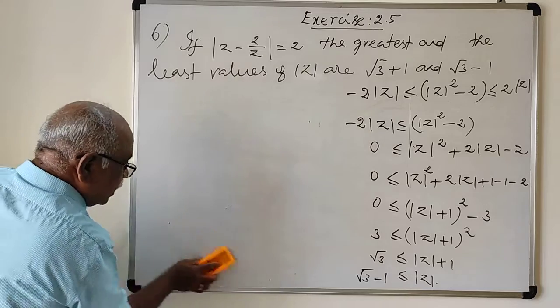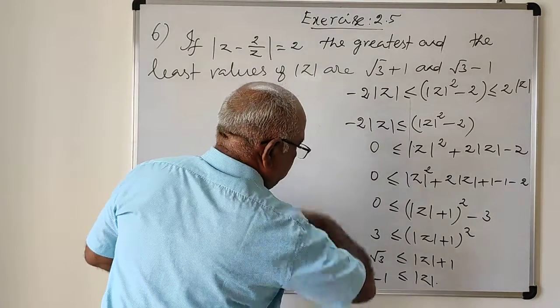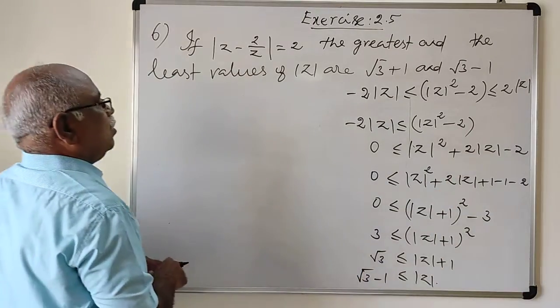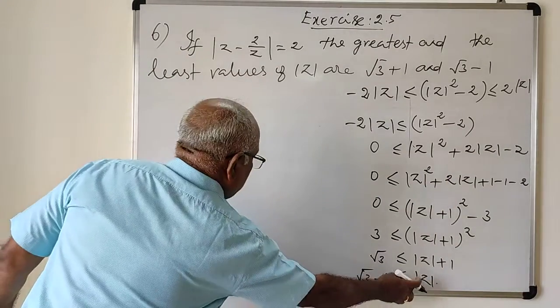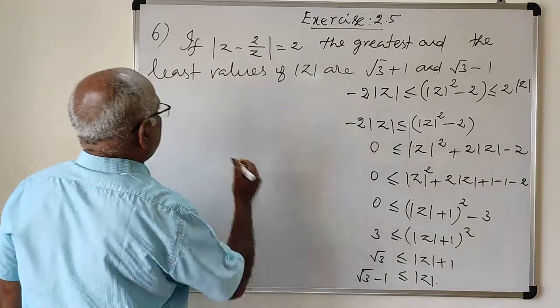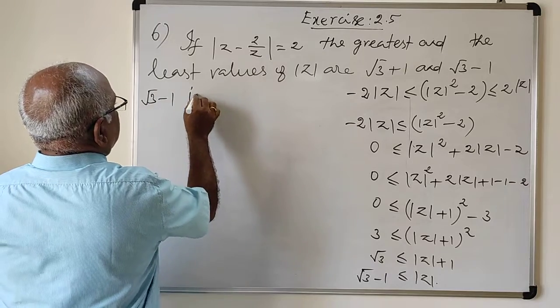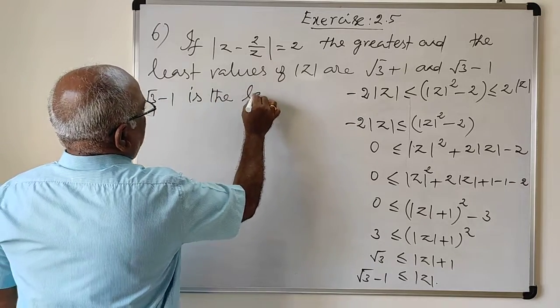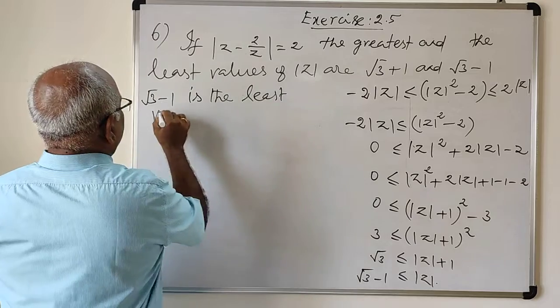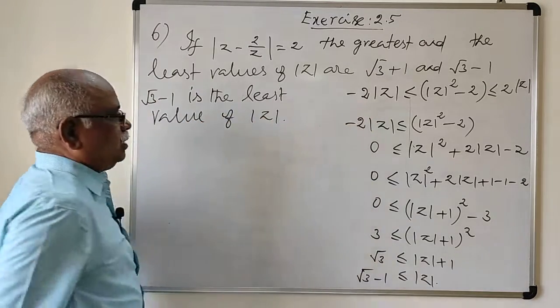That means what? Root 3 minus 1 is the least value. From this value, you will get the above values for mod z, greater values. So root 3 minus 1 is the starting value. Therefore, root 3 minus 1 is the least value of modulus of z. This is the first part.